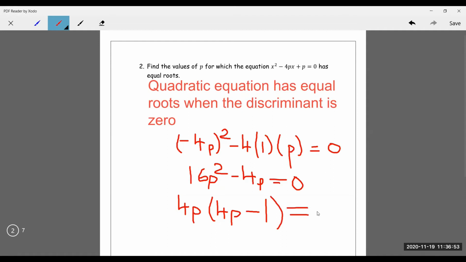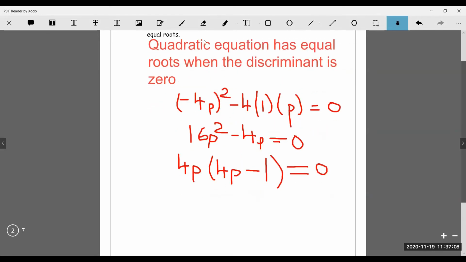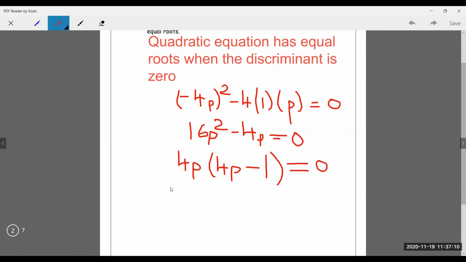Now we have 4p times 4p minus 1 equals 0, so either 4p equals 0 or 4p minus 1 equals 0.